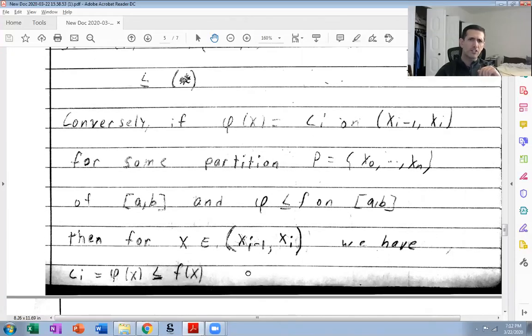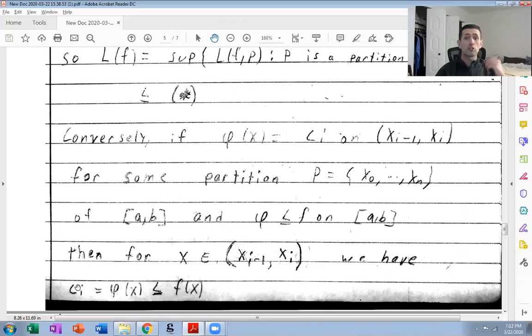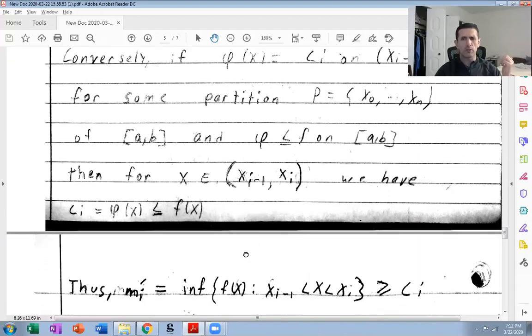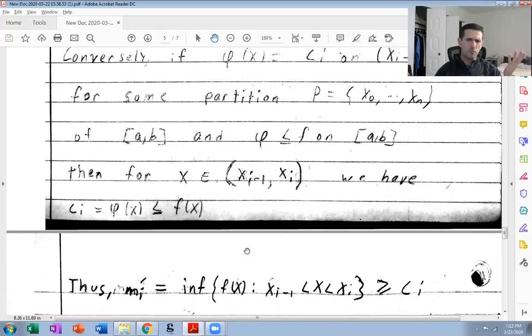Well, that means ci is a lower bound for f of x on this open interval. The infimum is the greatest lower bound for f of x on each of these intervals. So the greatest lower bound is bigger or equal to this specific lower bound. So mi prime is bigger or equal to ci.